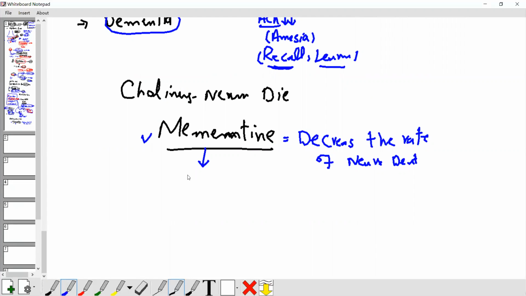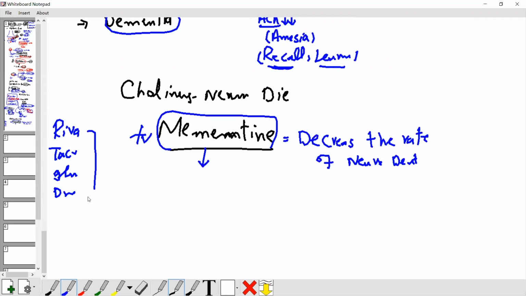What happens in Alzheimer disease? Death of cholinergic neurons. If you stop the death of cholinergic neurons, there is no more death, that is memantine. In combination with rivastigmine, tacrine, galantamine, and donepezil, these drugs increase acetylcholine.